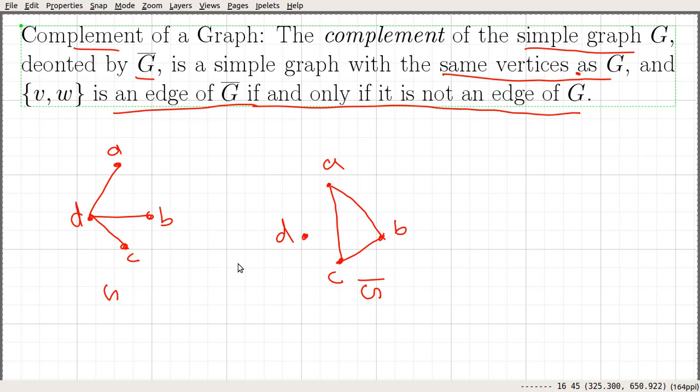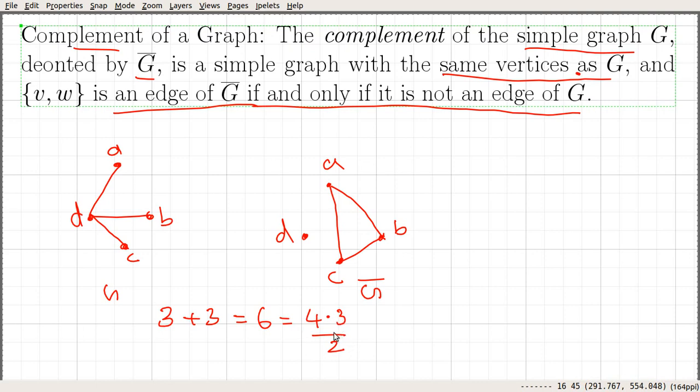Here again we can see that if you add up the cardinality of edges here and the cardinality of edges here, we will get n into n minus 1 by 2 in general, and here we have 4 vertices. The number of edges here is 3 and the number of edges here is 3, and if you add, you get 6, and 6 is nothing but 4 into 3 divided by 2.